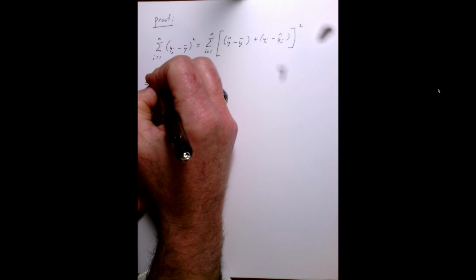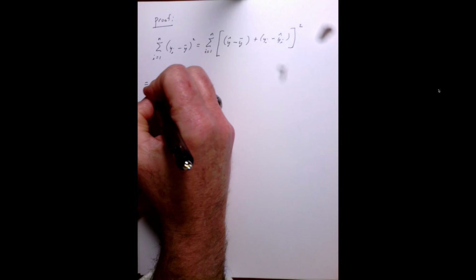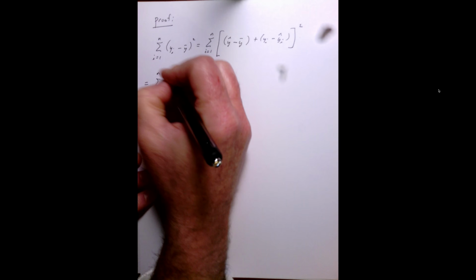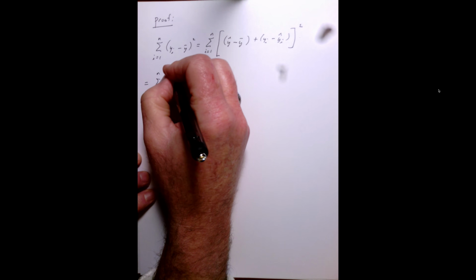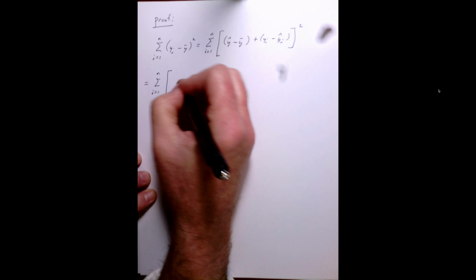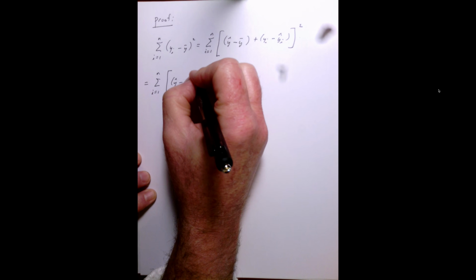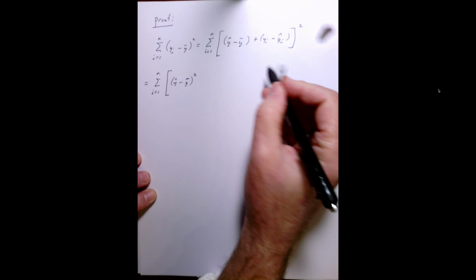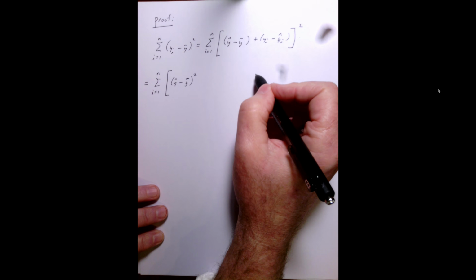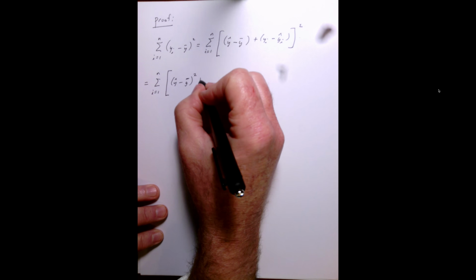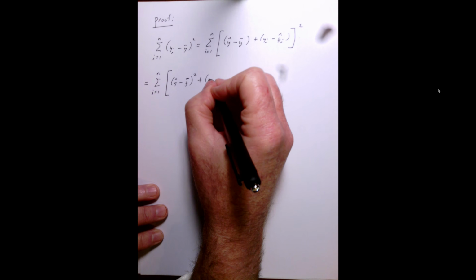Easy stuff. So sum from i equal 1 to n. So we're going to have the first term. I'm always so afraid I'm going to make a typo and have to start a video over.